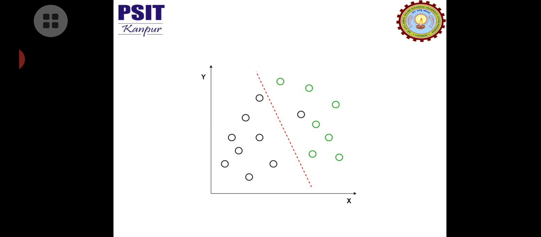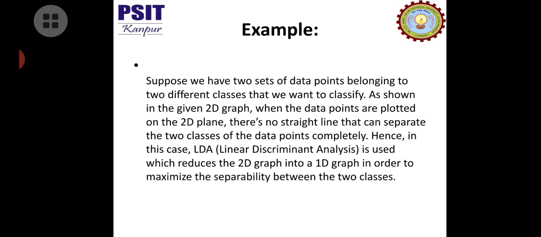You have two axes, x axis and y axis. So it reduces the 2D graph into a one dimension graph in order to maximize the separability between the two classes. Why are we doing so? Because we want to separate the two classes.